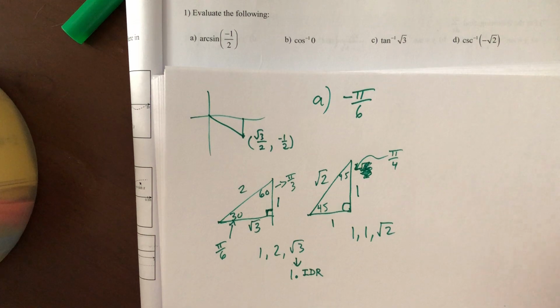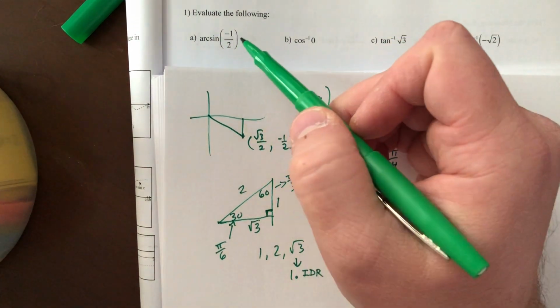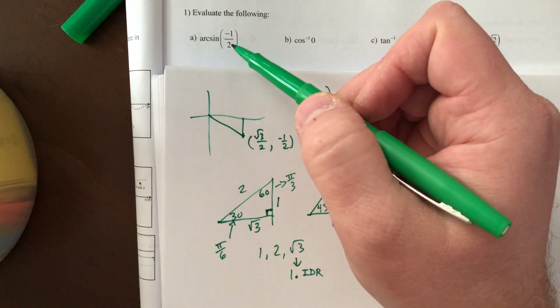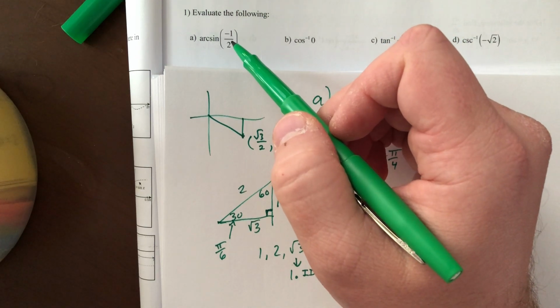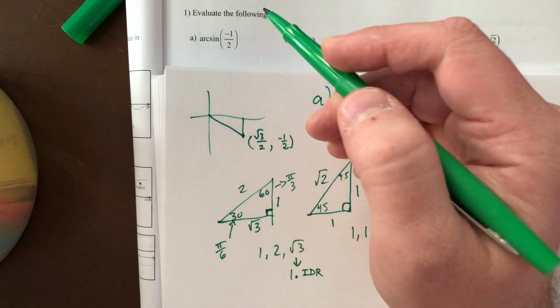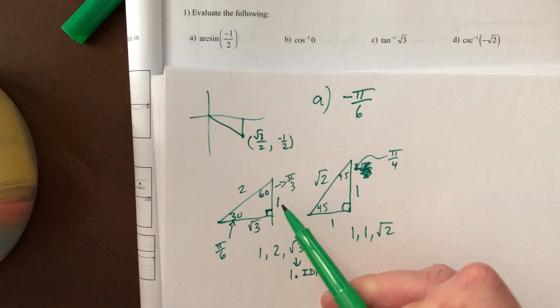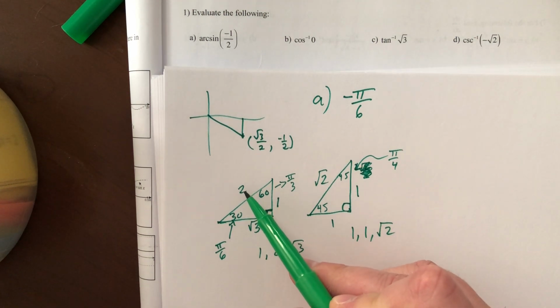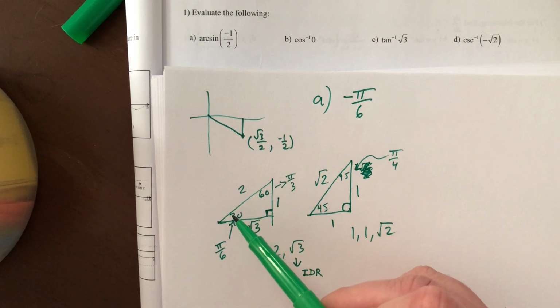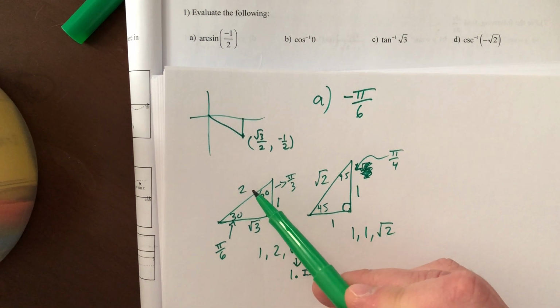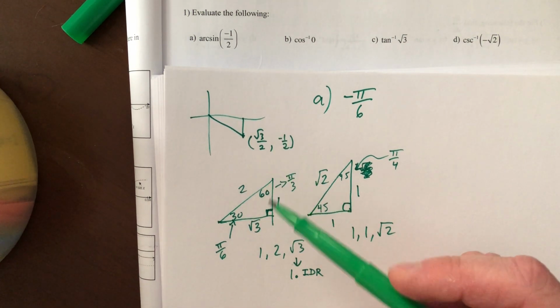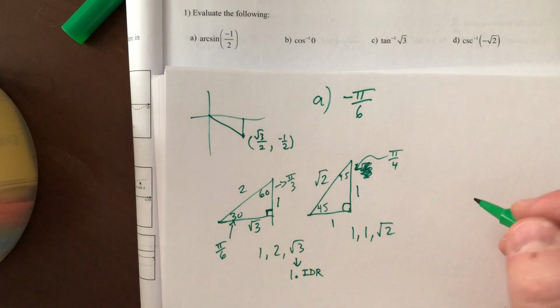With these two triangles, arcsine of -1/2. I'm trying to find a triangle where I get -1/2. Well, the only place I could see 1/2 is the sine of 30. So I use 30 to get 1/2. But I'm trying to get -1/2.